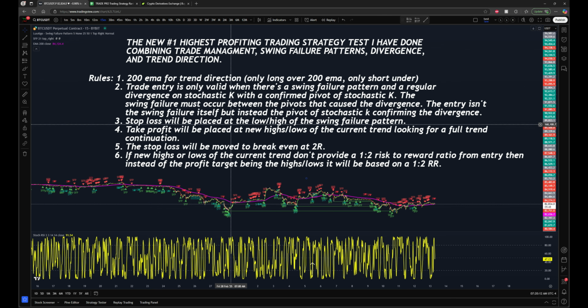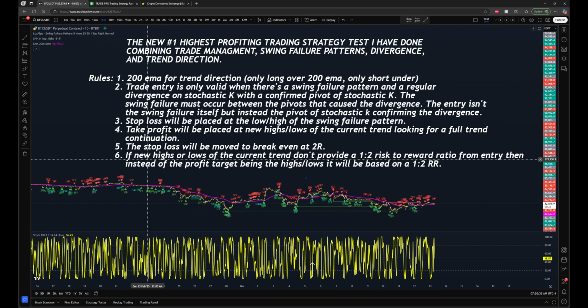Stop loss is going to be placed at the low or high of the swing failure pattern. Then take profit would be placed at a new high or low of the current trend, so we're looking for a full trend continuation. Then the stop loss will be moved to break even at 2R. So when price moves in our favor to a 1-to-2 risk to reward ratio, we go break even at that point.